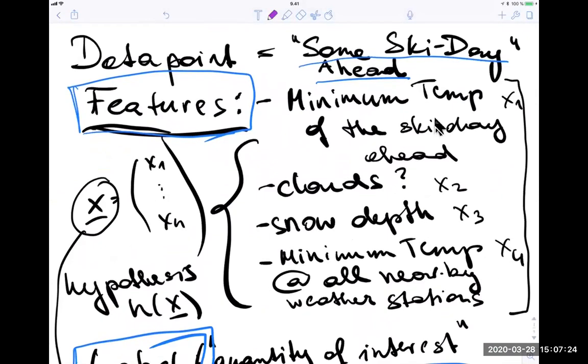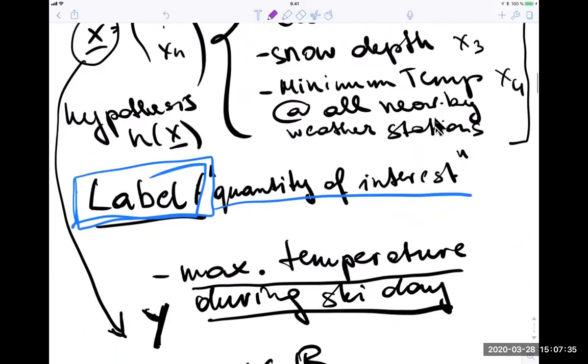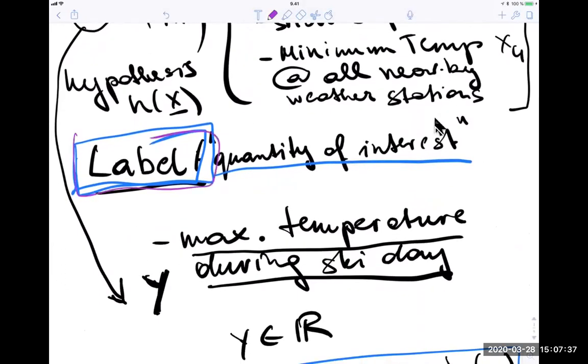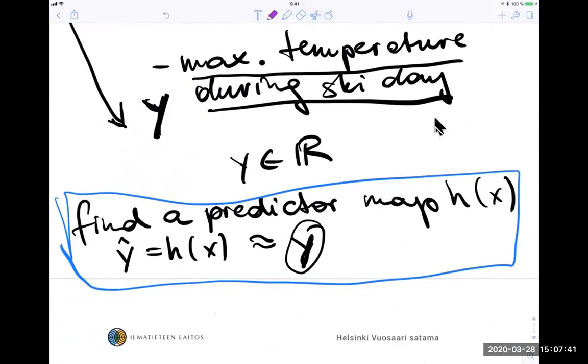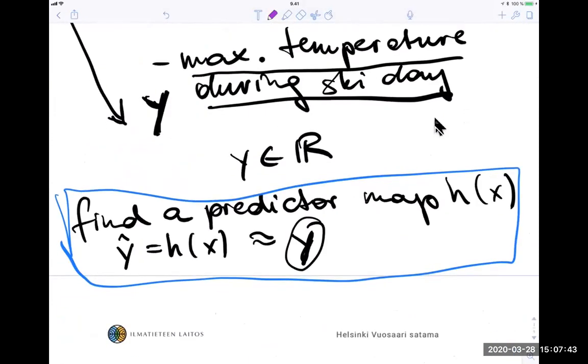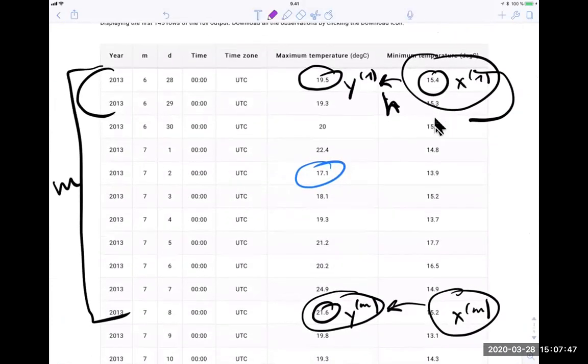And we can implement this as a machine learning problem by defining a data point as being some ski day, which has features obtained by the Finnish Meteorological Institute. The label is the maximum temperature of the day ahead. And we try to find a predictor based on historic data that we can obtain from the Finnish Meteorological Institute.